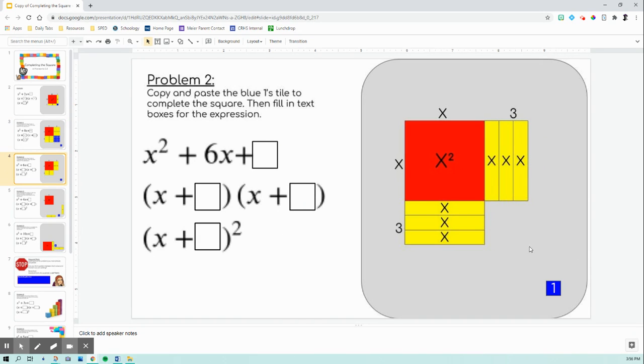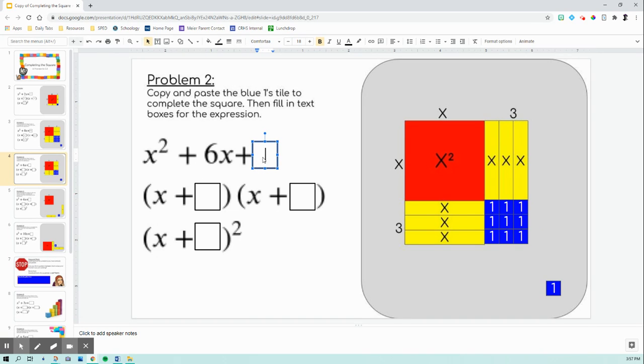In our next problem, we have the same situation, just this time we have x squared plus 6x. We're going to do the same thing here. We'll start by using our blue algebra tiles to complete the square. Once it's completed, again, we've got our 1 x squared red tile.